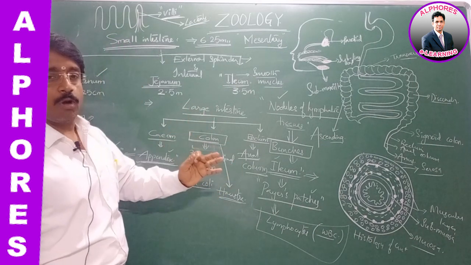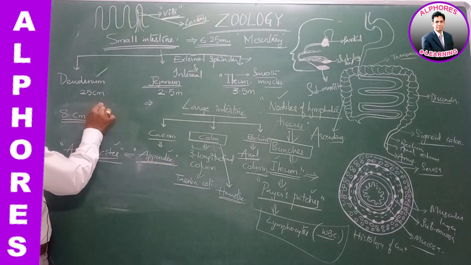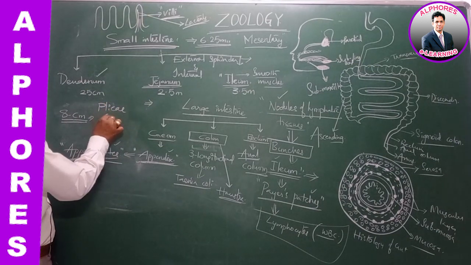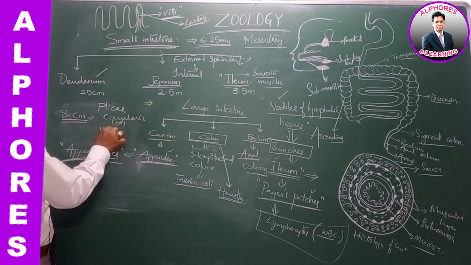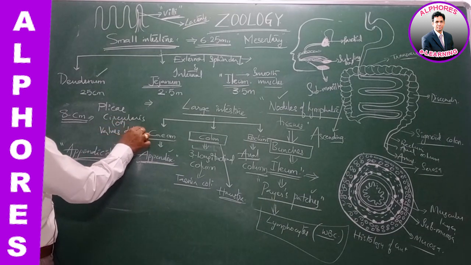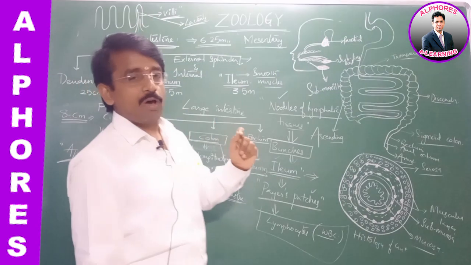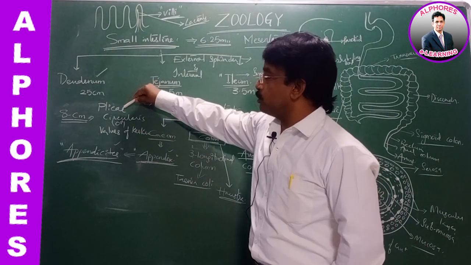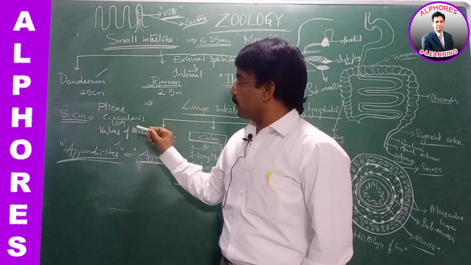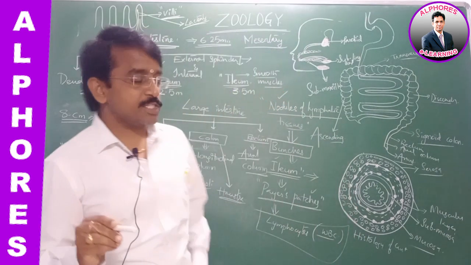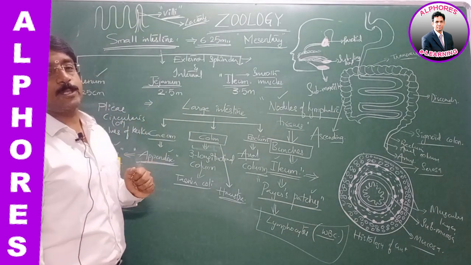The circular fold of mucous membrane is named the plica circularis, or valve of Kerkring. In the small intestine, this valve of Kerkring increases the surface area of absorption.